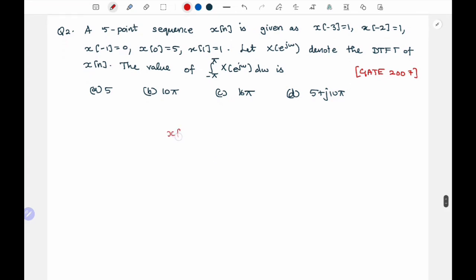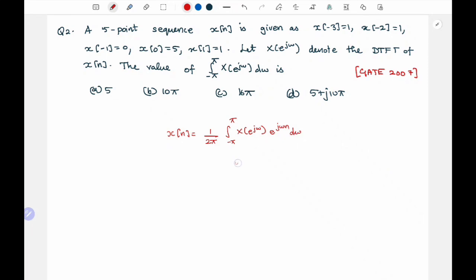So if you observe your synthesis equation, you have x of n equal to 1 over 2 pi integral over 2 pi, right? I can write it as from minus pi to pi, x of e power j omega e power j omega n d omega.